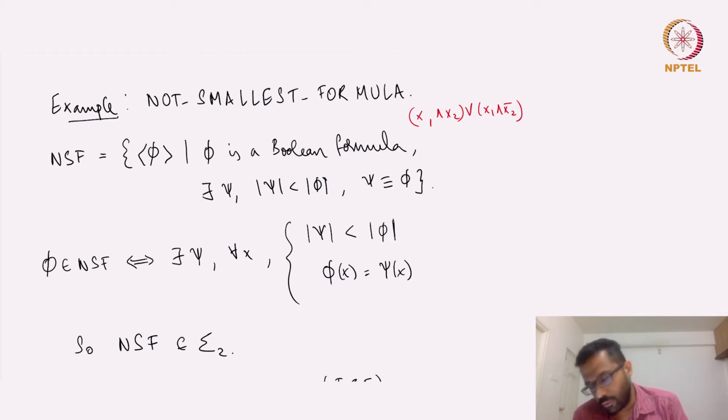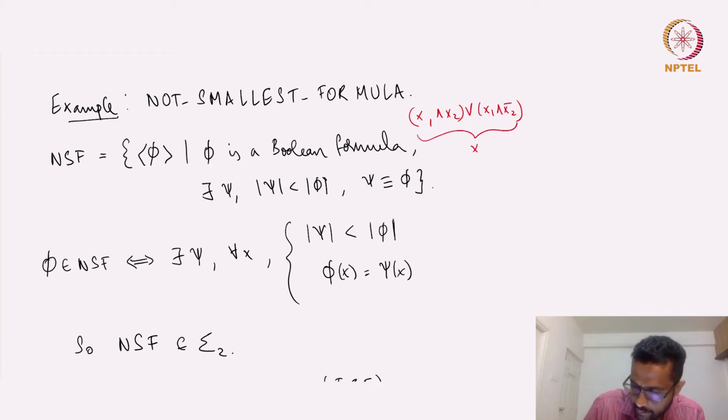This is true whenever x1 is true, and this is false whenever x1 is false. And you can verify that this is just another way of writing x1. So we will give a Boolean formula as input, and we are asking whether this is the smallest way to represent that Boolean formula. So anything that is not the smallest formula will be a yes instance.